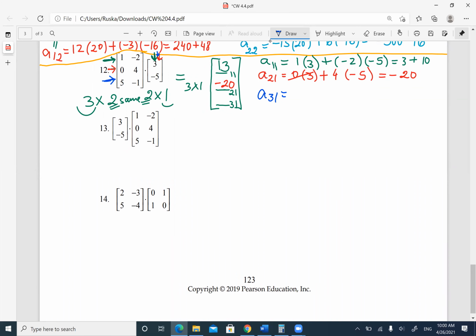So I'm going to multiply 5 times 3 plus negative 1 times negative 5. So it's going to be 15 plus 5 is positive 20. Okay, so that's how you do those.